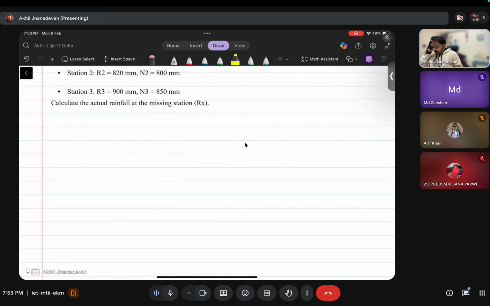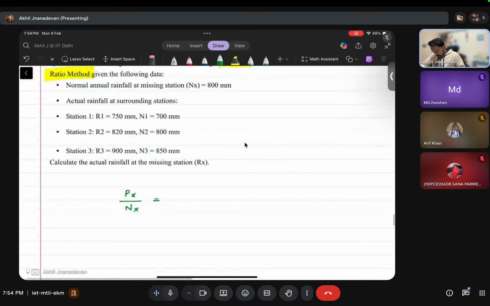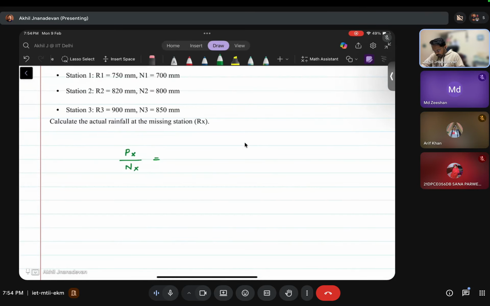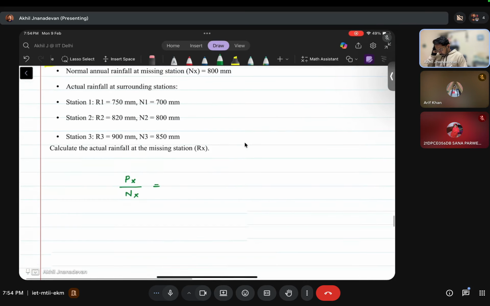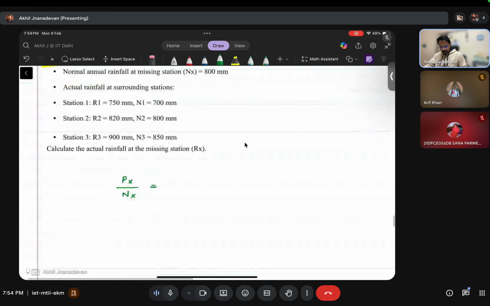If you take any station, Px, it has a ratio with its normal, Px by Nx. This ratio is nothing but the arithmetic average of the ratios of the other stations. In this case there are a total of four stations, and the rainfall Px at station X is missing.